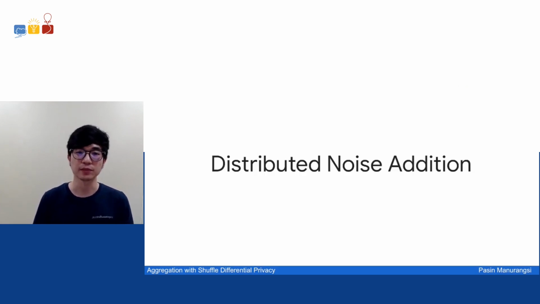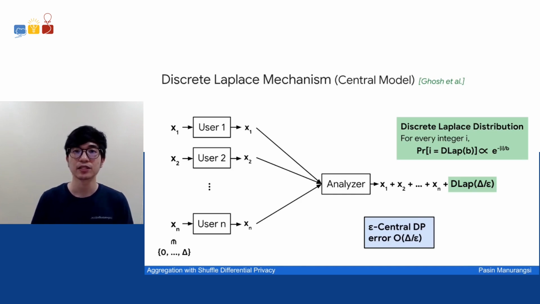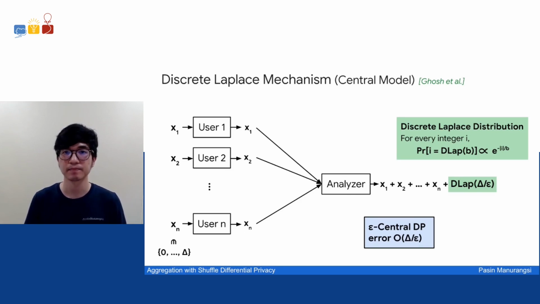The first technique is what I will call here distributed noise addition. Remember that in the central model, we were using the discrete Laplace mechanism, which just means that we compute the sum, and we add to the sum some noise drawn from the discrete Laplace distribution.